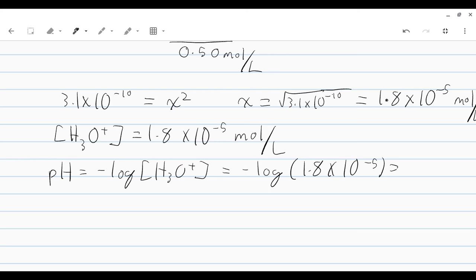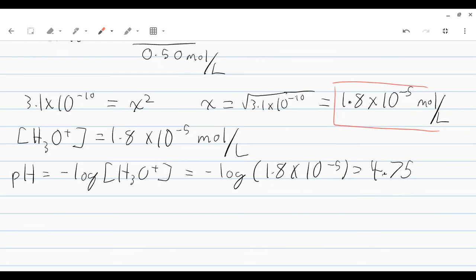And that is going to give us a pH of 4.75. So our hydronium ion concentration is 1.8 times 10 to the negative 5, and our pH is equal to 4.75. Those are our two answers.